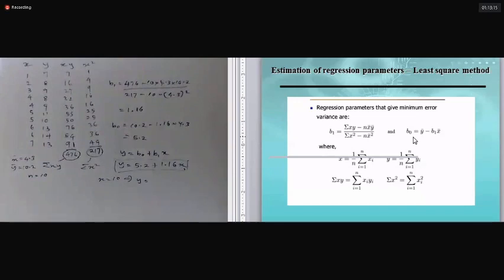So it should be 5.2 plus 1.16 into 10, which is 16.8.